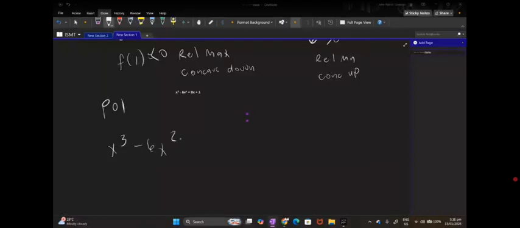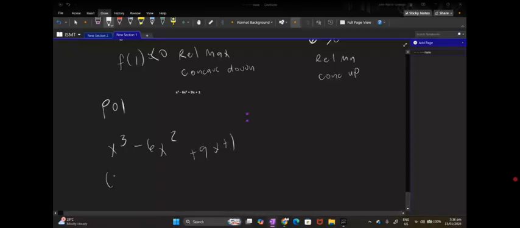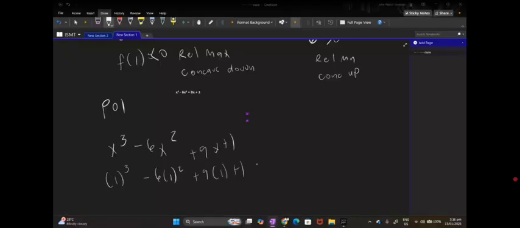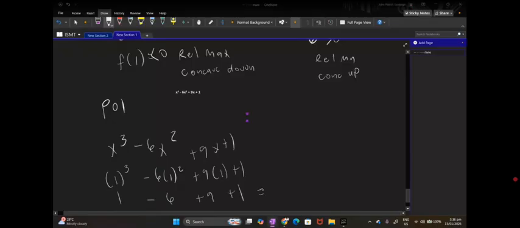So, pag sinalpak natin si 1 here, it's gonna be 1 minus 6 plus 9 plus 1. Negative 5, 4, 5.